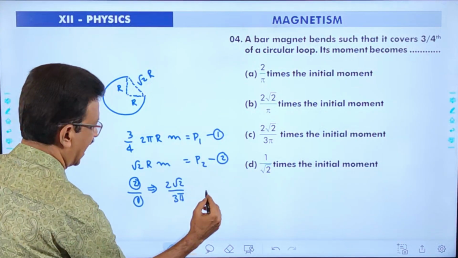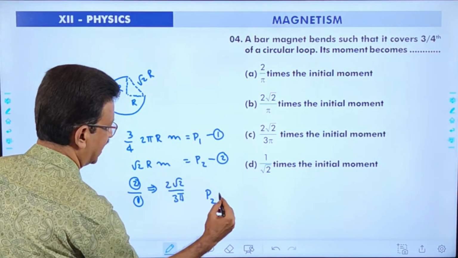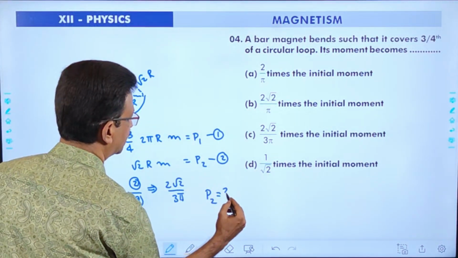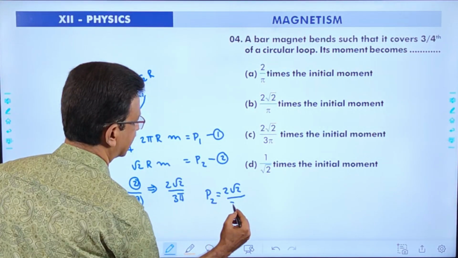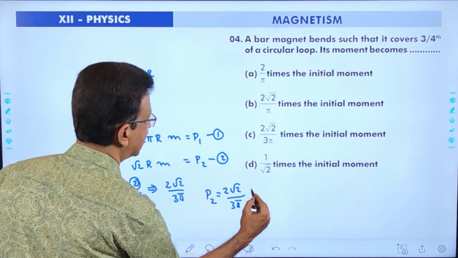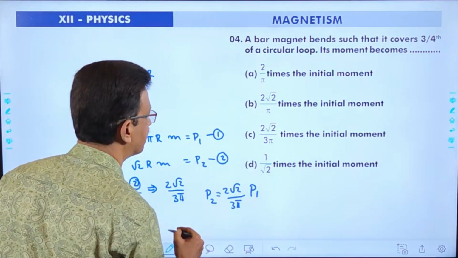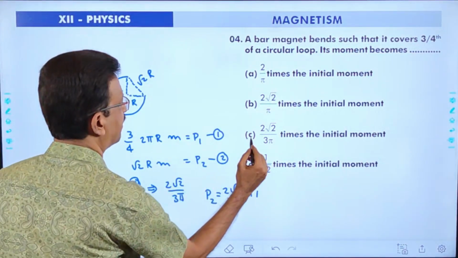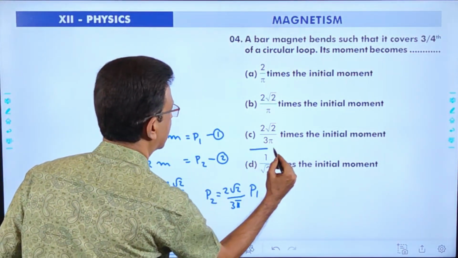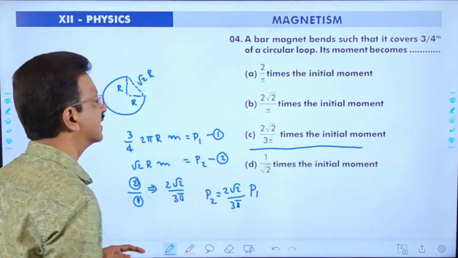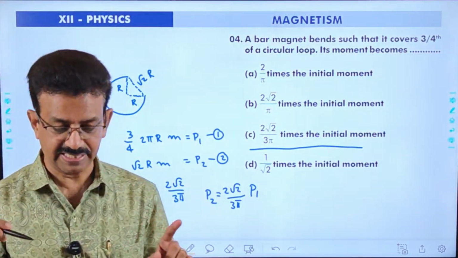Therefore, the final moment is 2 root 2 by 3 pi times the initial moment. Therefore, the correct choice is C.